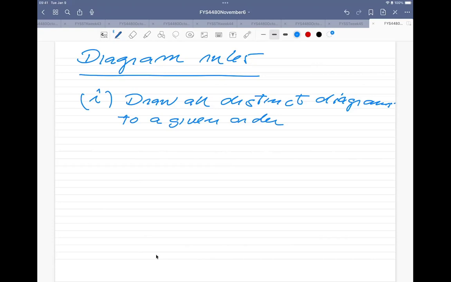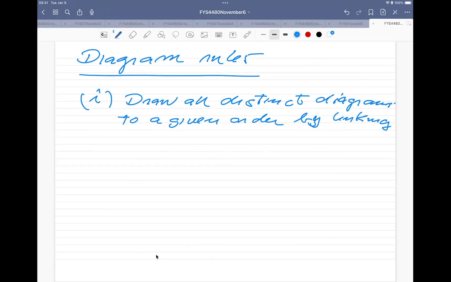By linking, so let's just write this one, by linking particle and hole lines with different interaction vertices under specific restrictions.